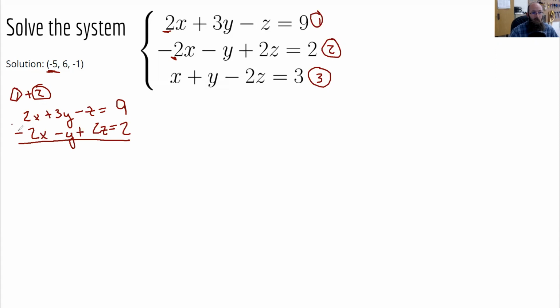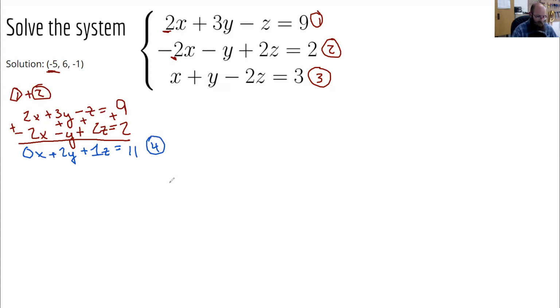Just going to add those straight up, each and every piece. And that's going to get me 0 x's, 2 y's, 1 z, and 11. Now this I'm going to call equation 4, again, just so I can help keep track of everything.